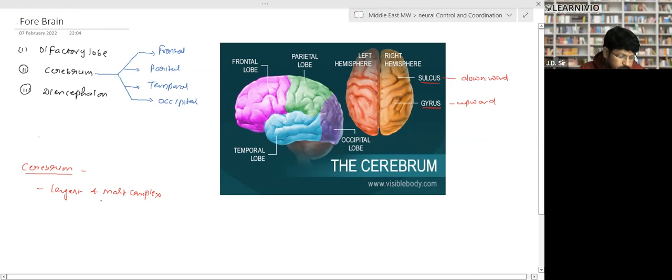Each cerebral hemisphere is divided into four lobes.